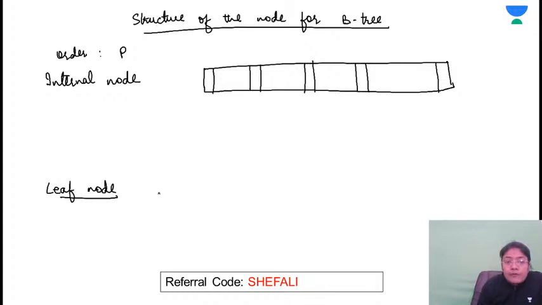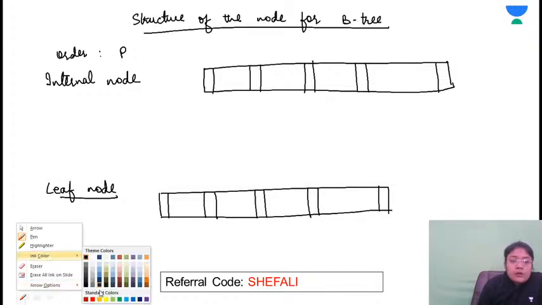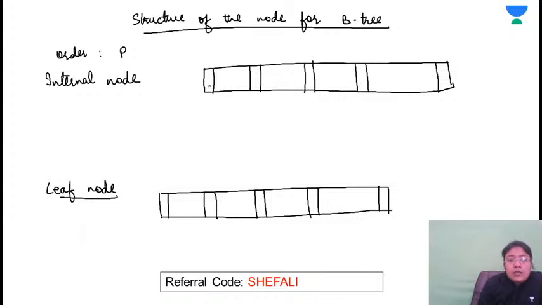Similarly, if we have the leaf node, let us consider the structure. Order is P. This is block pointer 1, block pointer 2, block pointer 3, block pointer 4, and this is block pointer P, because P block pointers are possible.